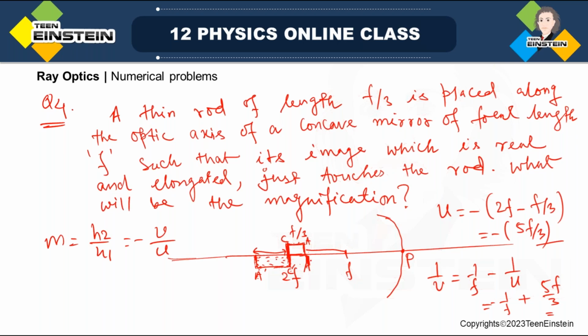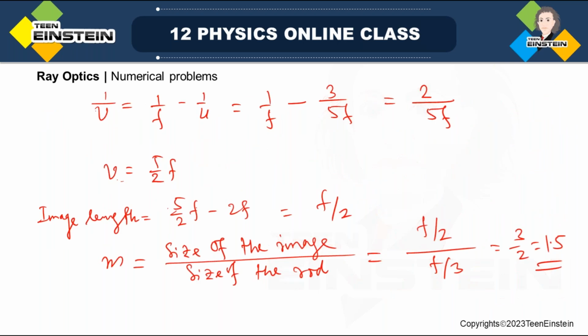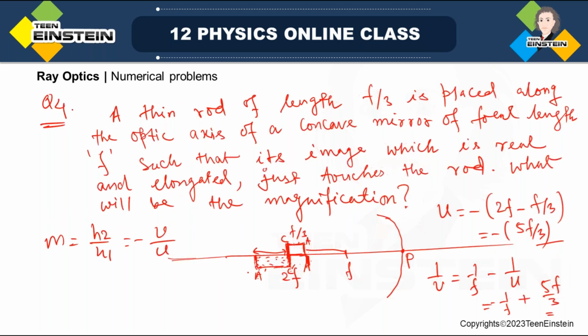So this is object distance, right? That means this point will form an image where I have got the image position here. So we have got this image position at 5 by 2F, at this particular position. Okay. So I have got now the image position of this point.